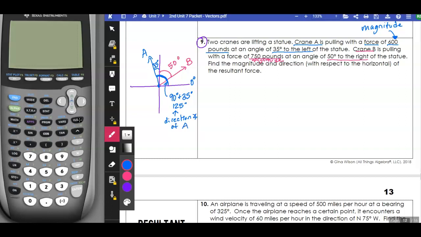What about B? We also need to find the direction angle of B. Right now it gives us this 50 degrees from north. We need to know from 0 to our vector. How can I get that? Yes, 90 take away 50 will give us the angle of B. So that's 40. That is the direction angle of B. Now what?